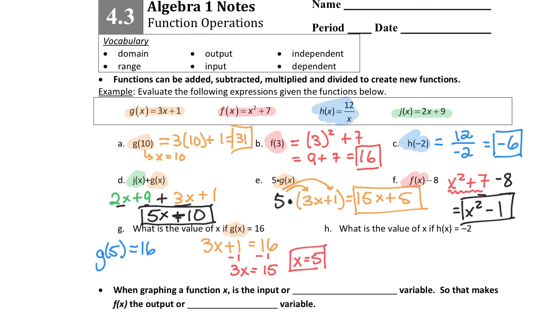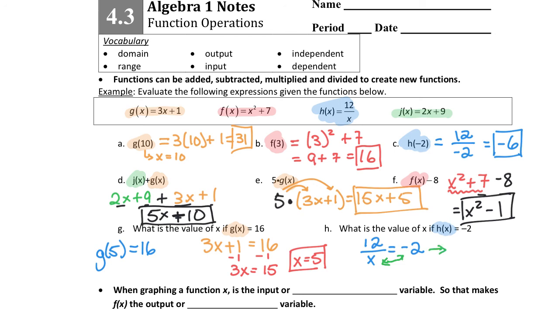For this final problem, it's the same kind of example. We're going to replace the h of x with its function rule, 12 divided by x. It's been a while since we've seen this rule, but hopefully you remember there's a rule that says I can switch that -2 and the x.